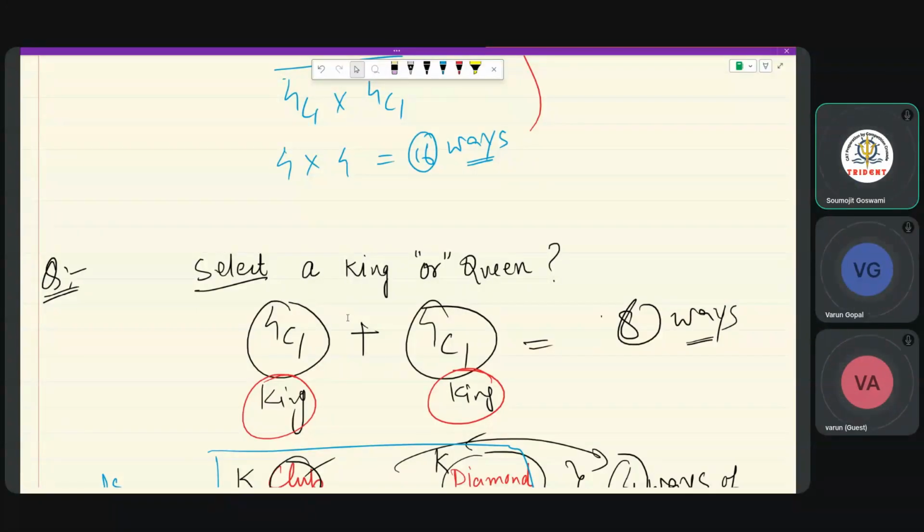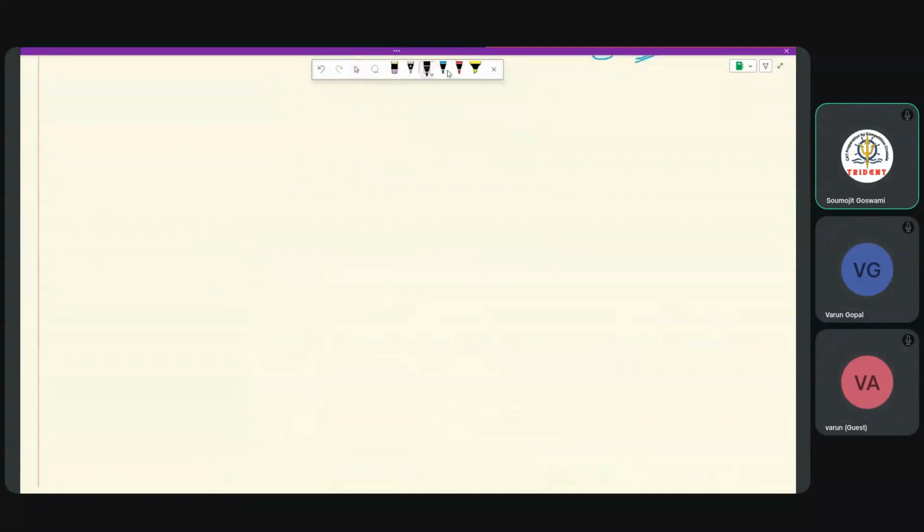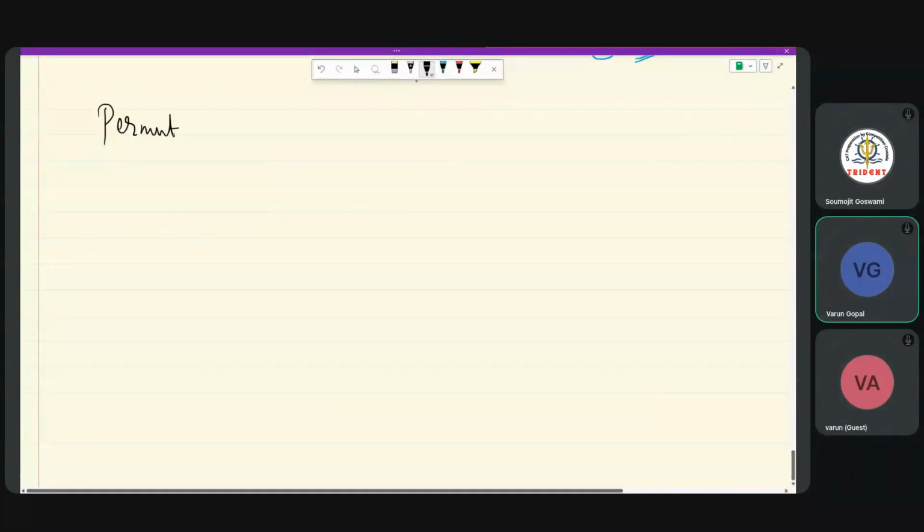Chalo, let's finish it off. Till 12, we'll stretch it and then we'll call it a day. Okay. Permutations in depth. Like 10-15 minutes more. I've written in depth.